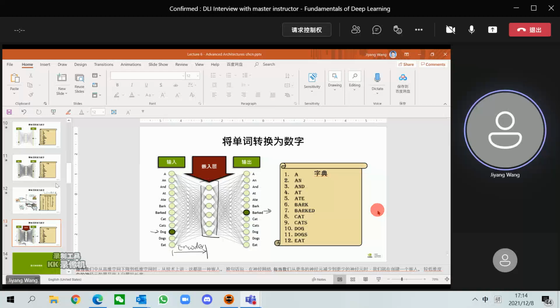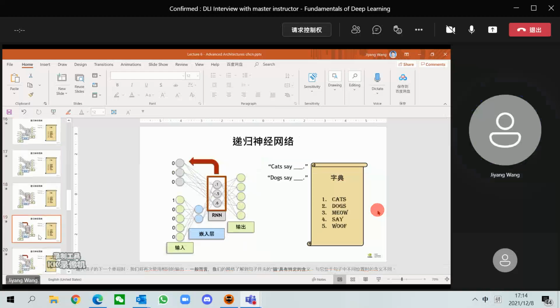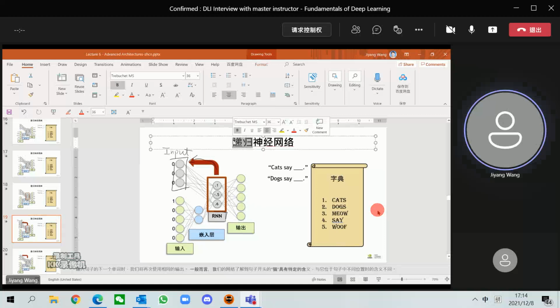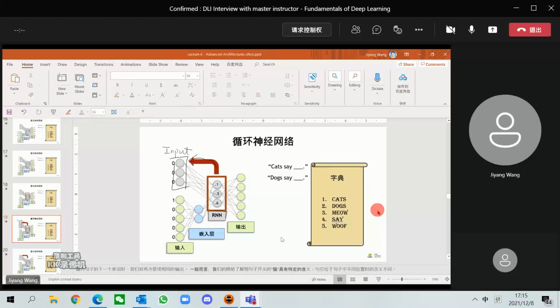Right. So could you explain to the students why this type of model has to divert the output of the RNN layer back to the input layer? This is my input layer. Why do we have to loop back the output of the RNN layer to the input layer and concatenate this vector with the input vector? Because we need to know the meaning of the word; the prediction of the word has a relationship with the input word.